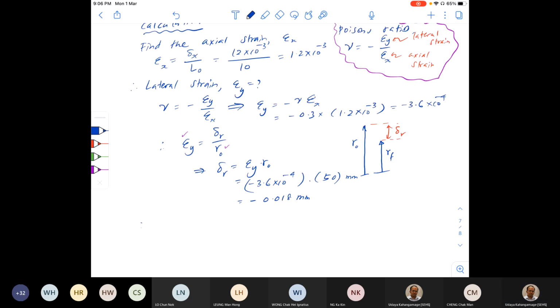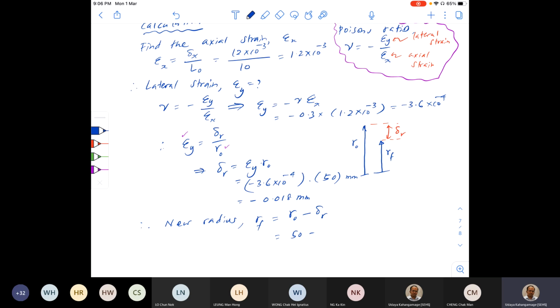So our question is, we need to find RF, right? The new radius after elongation is RF. This should be equal to RO minus delta r.